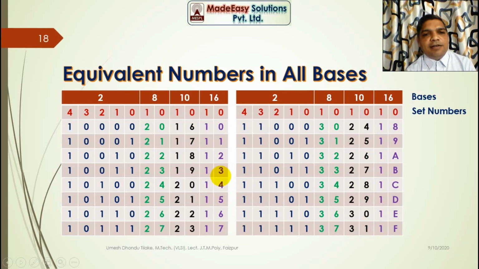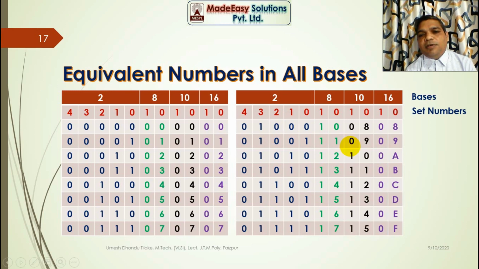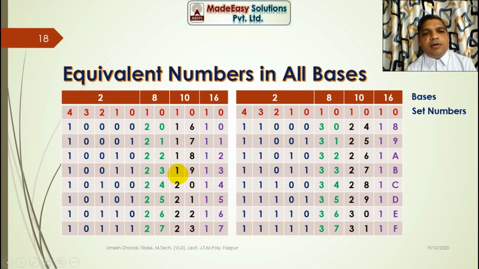Come to the next slide, 6 7 8 9, and up to 9 in set 1, 1 is used, that is the next digit to 0. See over here, 0 and the next digit to 0, that is 1, is used and is kept constant until 9 in set 0.